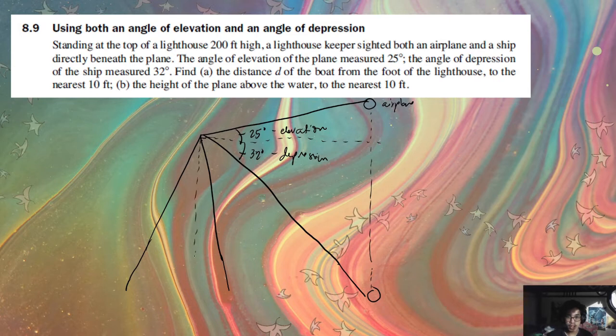Let's say that this is the foot of the lighthouse, at 90 degrees, and this is the sea. So we need to find the distance between the ship and the foot of the lighthouse, to the nearest 10 feet.